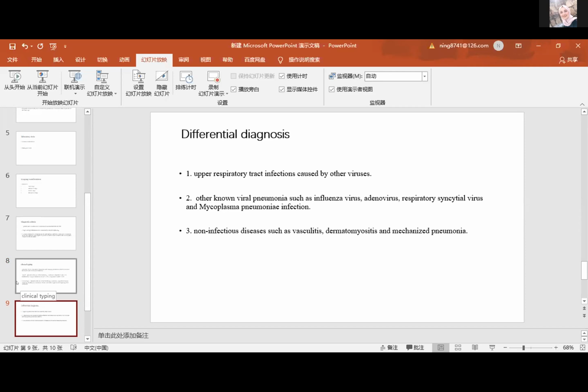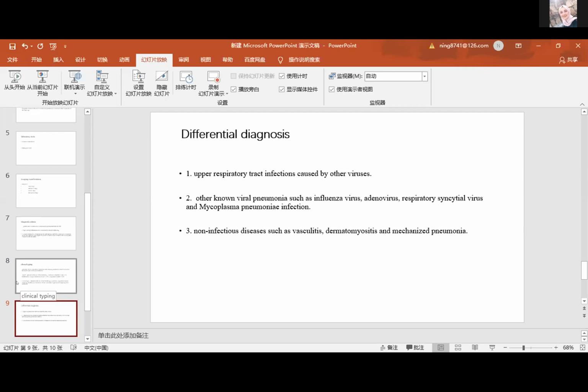Secondly, novel coronavirus pneumonia should be differentiated from other known viral pneumonia such as influenza virus, adenovirus, respiratory syncytial virus, and mycoplasma pneumonia infection. In particular, suspected cases should be tested for common respiratory pathogens by methods including rapid antigen testing and multiplex PCR nucleic acid testing where possible.